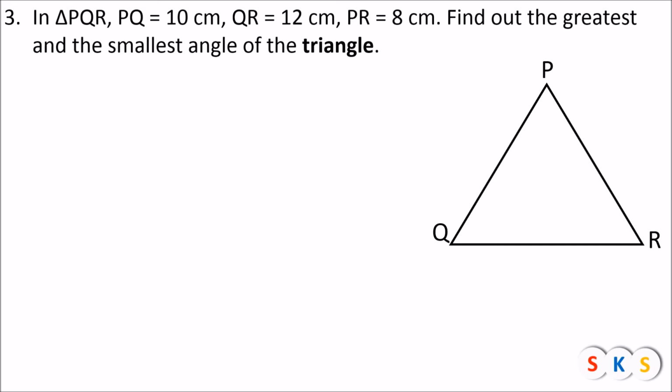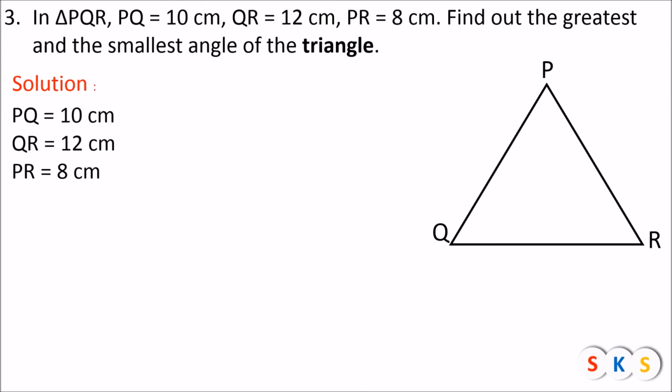Here PQ is 10 centimeter, QR is 12 centimeter, and PR is 8 centimeter. It's a given. Now we will arrange given lengths in descending order, that is 12, 10 and 8, greatest to smallest. So 12 is greater than 10 and 10 is greater than 8.